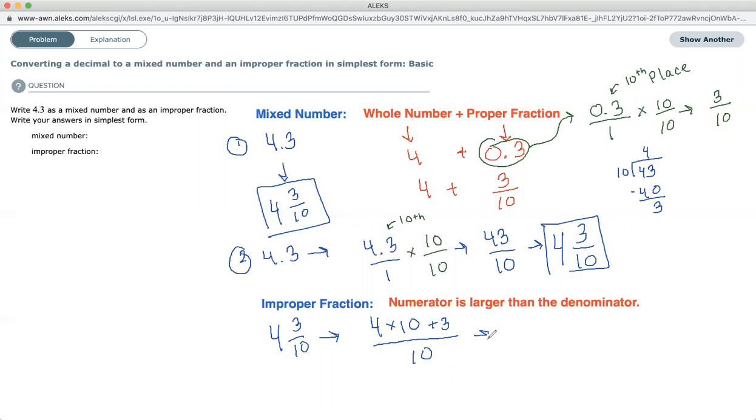So here, if we follow the order of operations, I have 4 times 10, that's 40, plus the 3 is 43, and the denominator does not change. So this is our improper fraction. And you can see that that actually showed up in the second method for writing the decimal as a mixed number. Okay, but these are our answers.